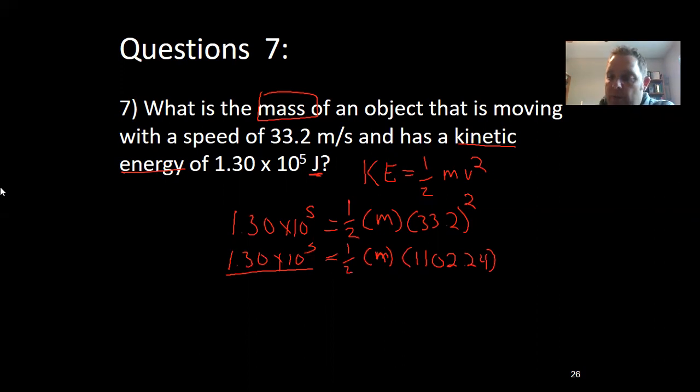And in my calculator, remember, I have to hit the second and the EE button, to the 5th. Now I like to hit enter after that. And now I'm going to divide by 1/2, which is 0.5. Hit enter, and then divide by 1,102.24. That takes all of this stuff over here to the other side.